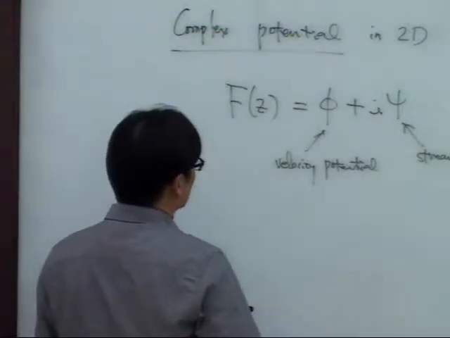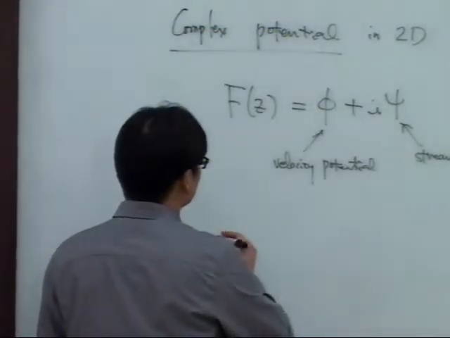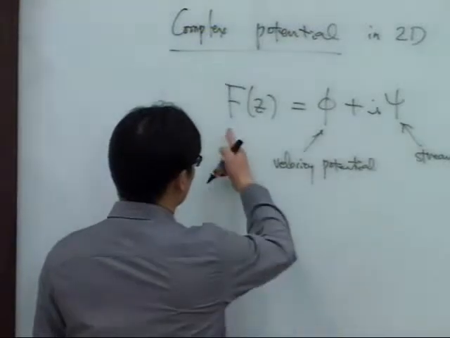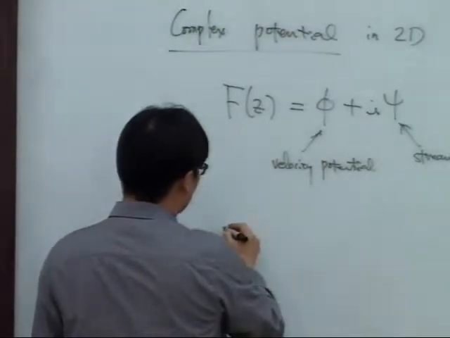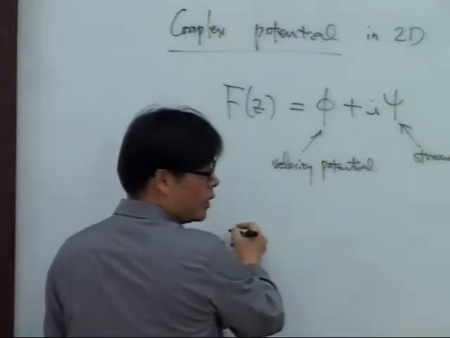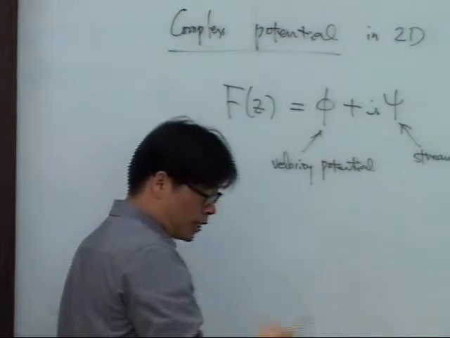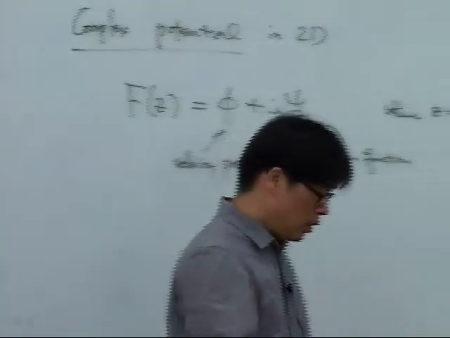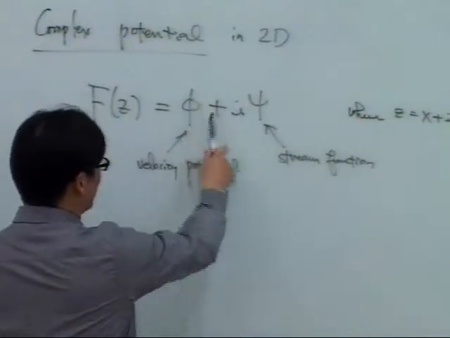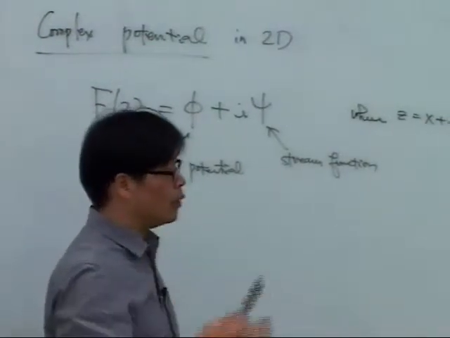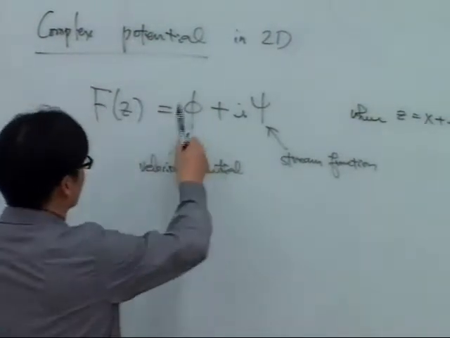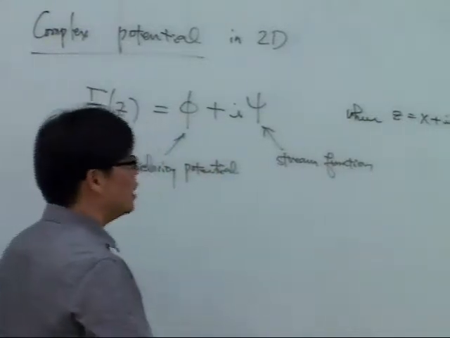Since you have a complex potential f, you can find the complex velocity by taking the z derivative. Just like when you take the x derivative of the velocity potential, you get the horizontal velocity, and when you take the y derivative, you get a vertical velocity.